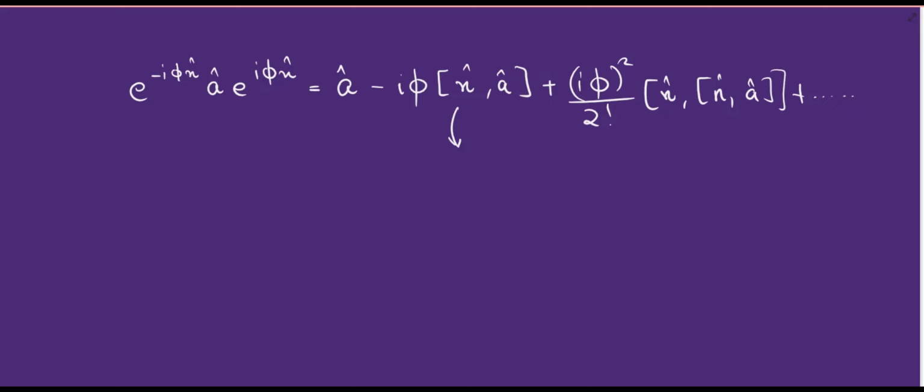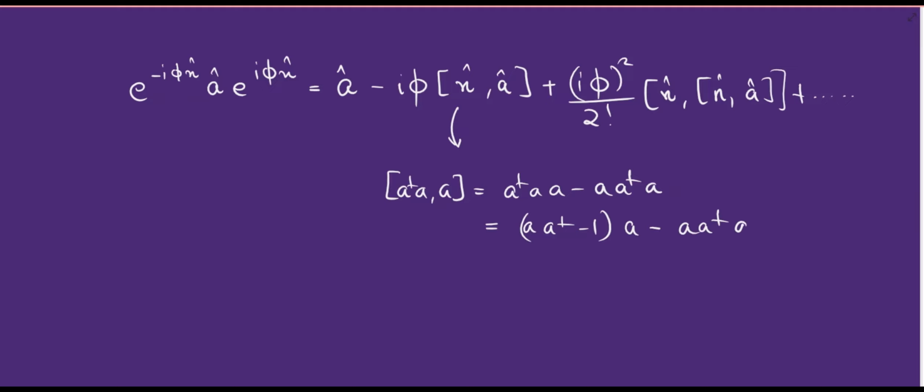Let's calculate this. [n cap, a cap] is equal to a dagger a a minus a a dagger a, which is equal to (a dagger a minus a a dagger) a.